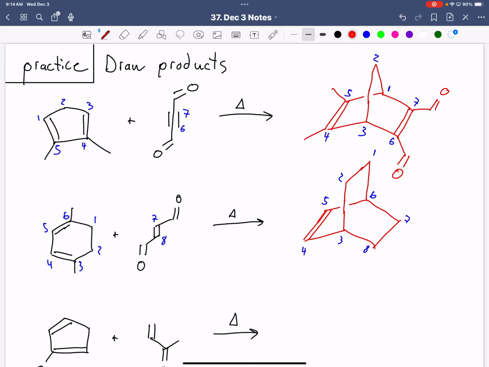My new pi bond is there. I have no pi bond here because that was just an alkene.